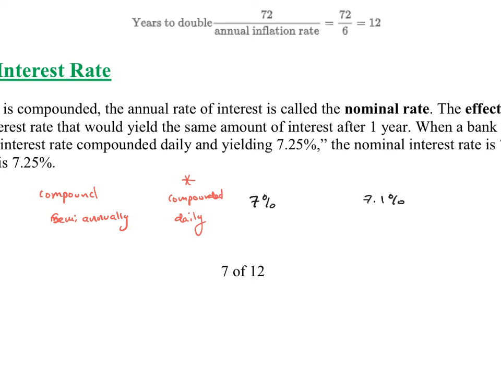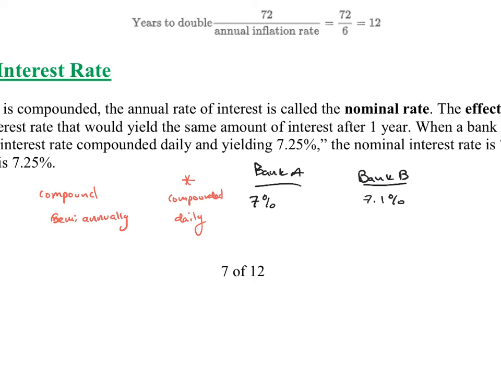So now let's consider two different banks, Bank A and Bank B. You're going to make an investment. Bank A is going to give you 7% interest. Bank B is going to give you 7.1% interest. If I was investing just on interest alone, I would choose the 7.1%, the higher interest rate.